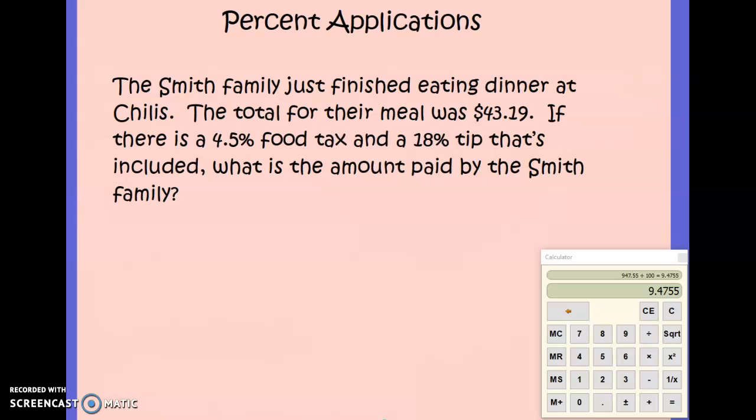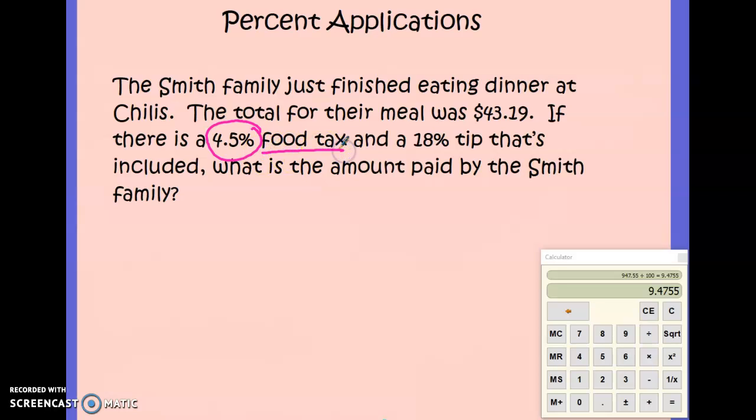The Smith family just finished eating dinner at Chili's. The total for their meal was $43.19. If there is a 4.5% food tax and an 18% tip that's included, what is the amount paid by the Smith family? Okay, so we've got two steps. First step is we've got to find 4.5%.